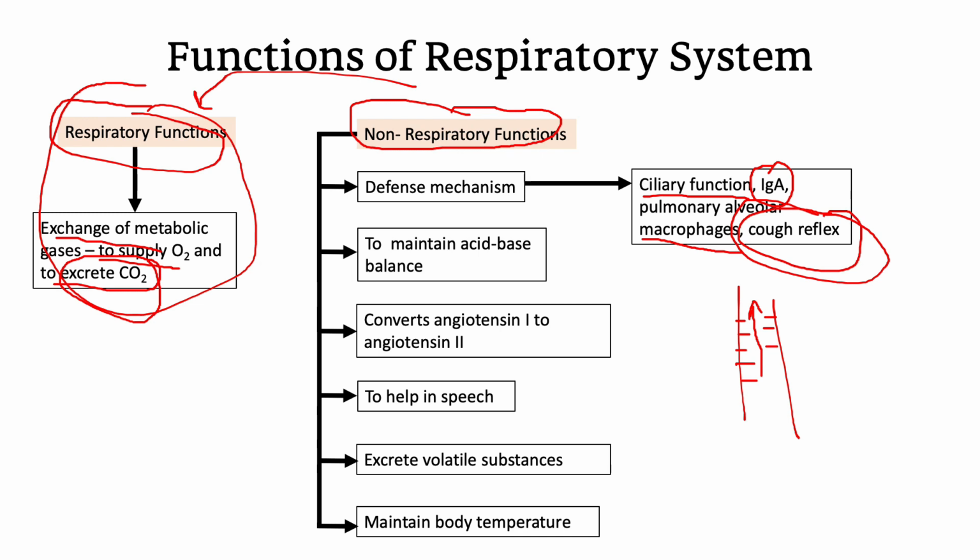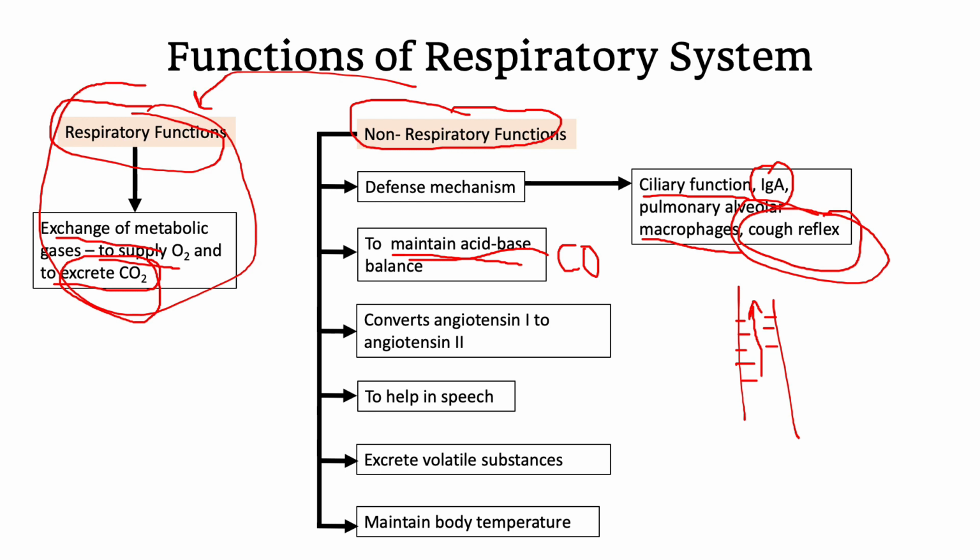And then the respiratory system is also important to maintain the acid-base balance. Again, I think you will learn more about acid-base balance in the urinary module. But here, the respiratory system would be able to flush out carbon dioxide.